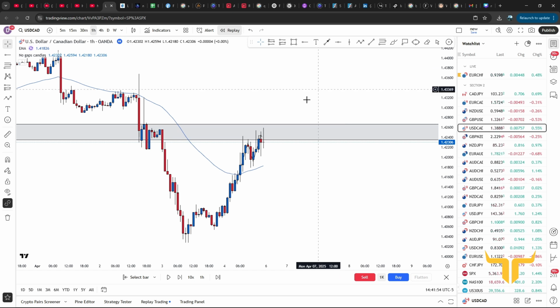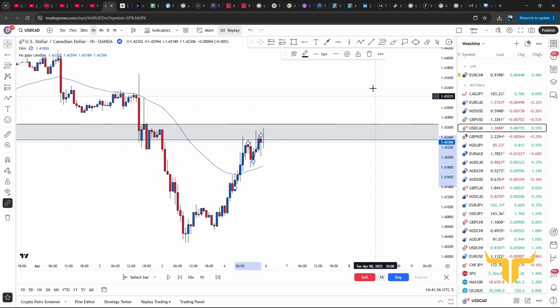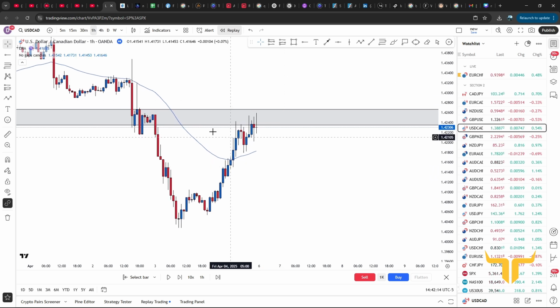So what I need to do is wait for the 1 hour to start making lower lows and lower highs, just like the weekly, the daily, and the 4 hour. So I'm not looking for any trades until the 1 hour flips bearish. Right now it's bullish, making higher highs and higher lows. Once it flips bearish, then we'll start looking for trades.